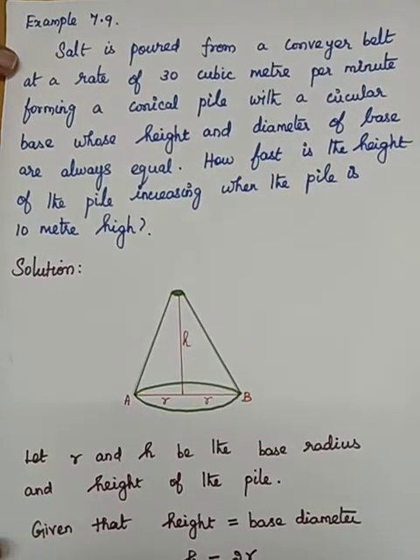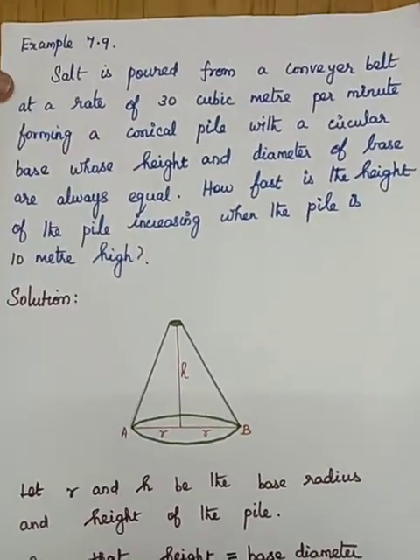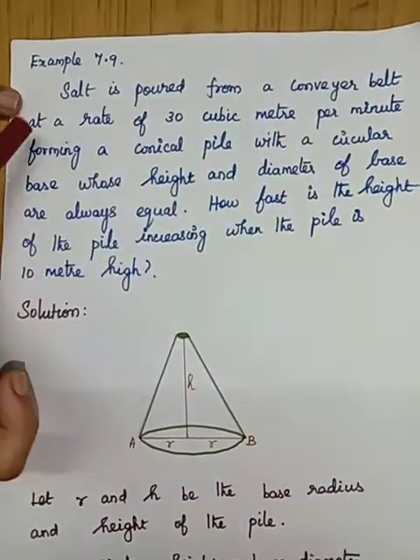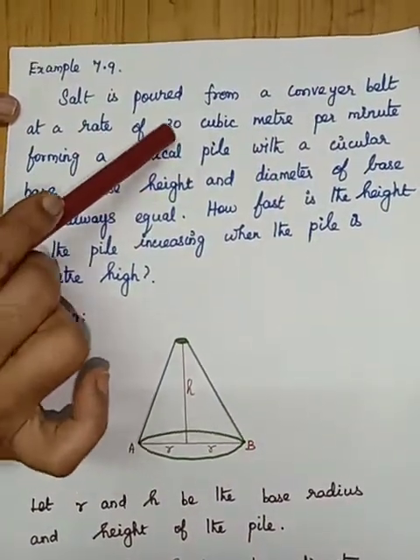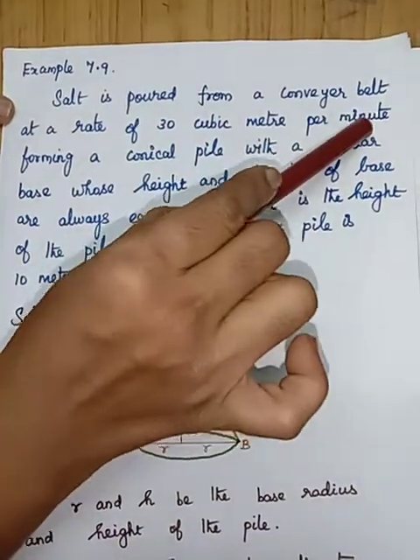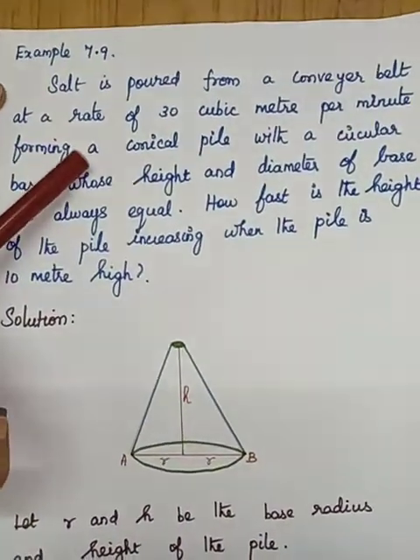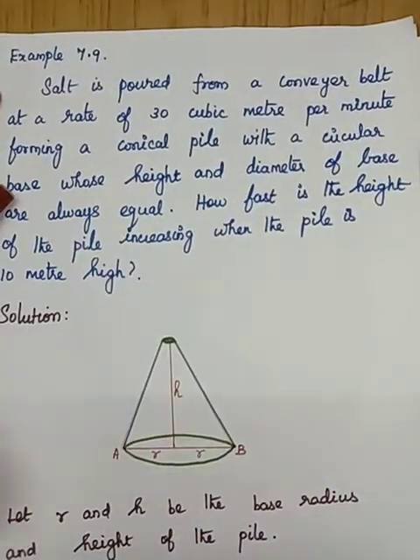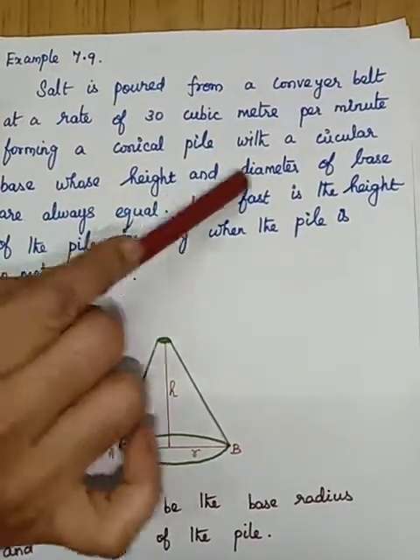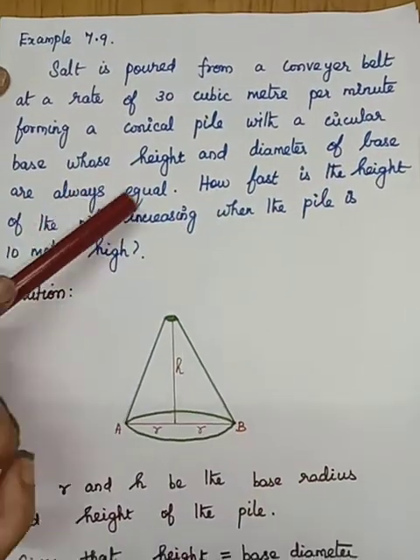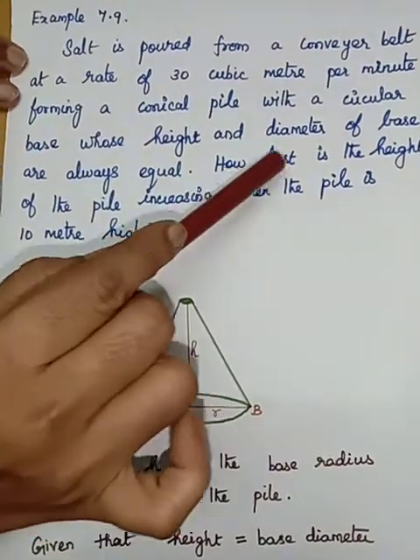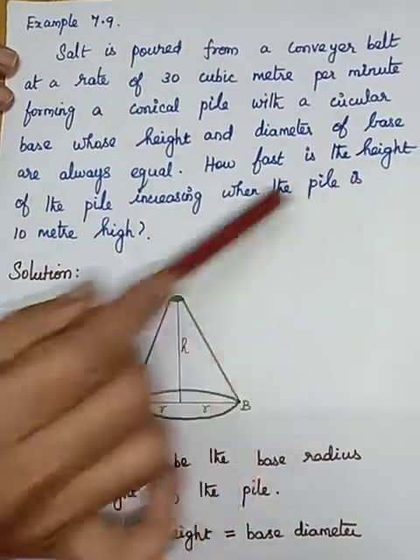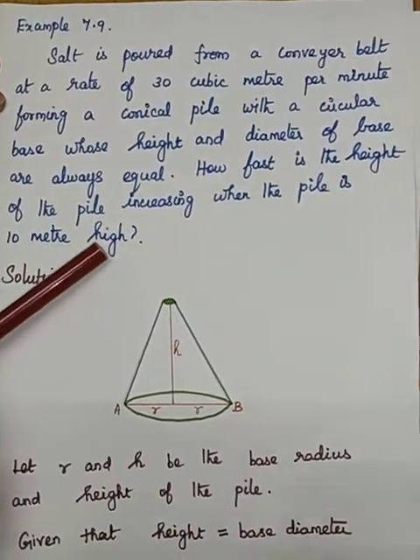Example 7.9. Salt is poured from a conveyor belt at a rate of 30 cubic meter per minute, forming a conical pile with a circular base whose height and diameter of the base are always equal. How fast is the height of the pile increasing when the pile is 10 meter high?